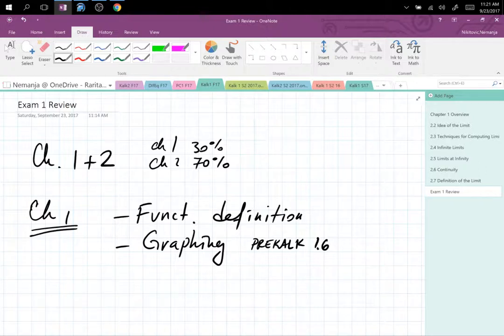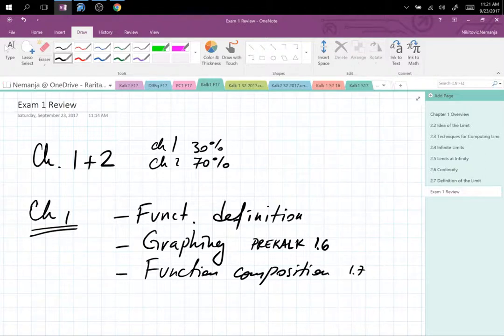We also have an important part on inverse function composition first. That's actually in 1.7 in PreCalc. The function composition is necessary. You've seen it in our continuity today, and you will also see a lot of that in derivatives, chapter 3, chapter 4, and then finally 5.5, the crown jewel of chapter 5, the u-substitution and integration.